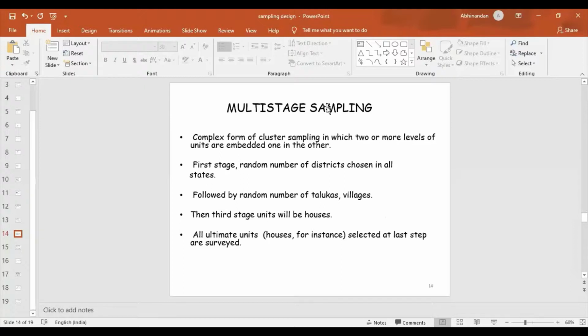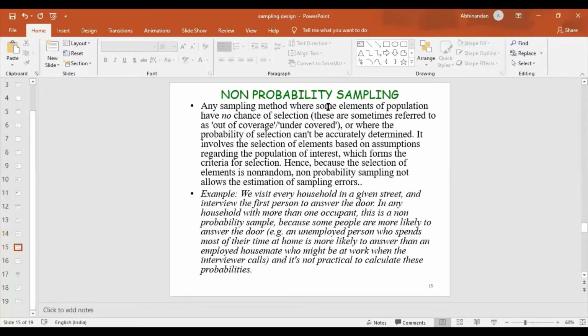First I select states. Among the states in India, I select, for example, Karnataka and Telangana. In Karnataka and Telangana, I again identify the taluks or districts I need, and then after selecting taluks or districts, I select villages. After selecting villages, the houses. Likewise, it goes through different levels. That is called multi-stage sampling.